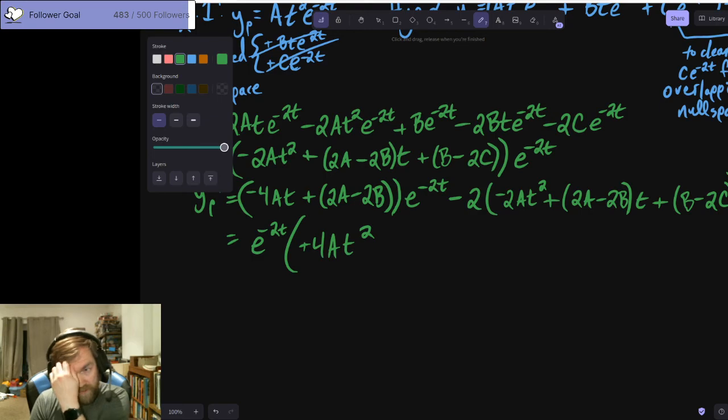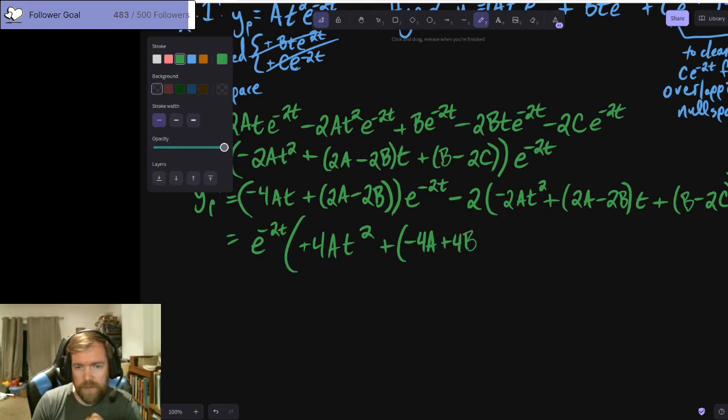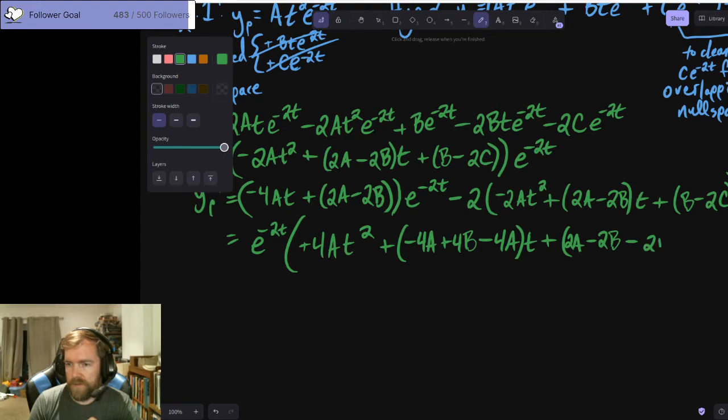In the linear term, we're going to have negative 4a plus 4b minus 4a from the first term, t, plus 2a minus 2b minus 2b plus 4c.